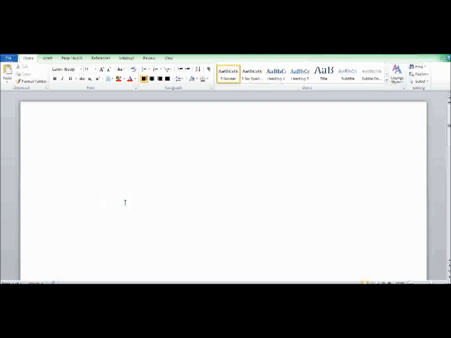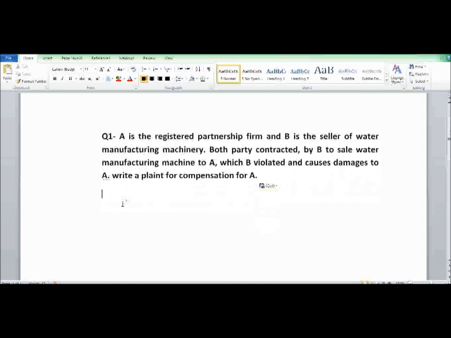Now there is a question right here. Let us read it out. A is a registered partnership firm. B is the seller of a water manufacturing company. Both parties contracted that B would sell a water manufacturing machine to A, and then B violates the contract and causes damages to A. Write a plaint for compensation for A. After reading it, I understand that there are two parties.